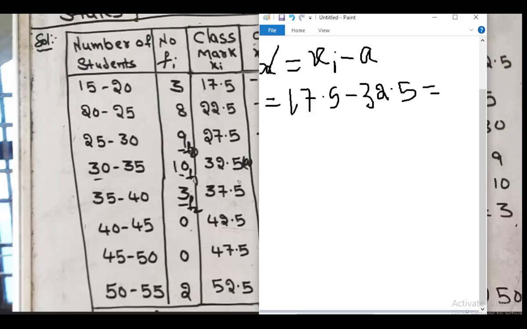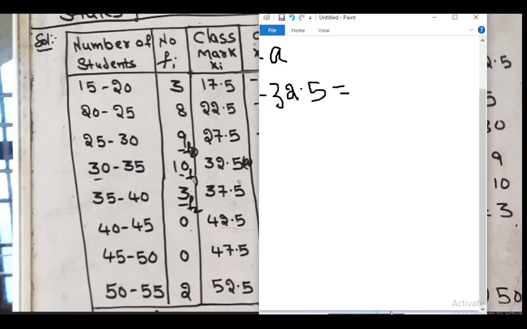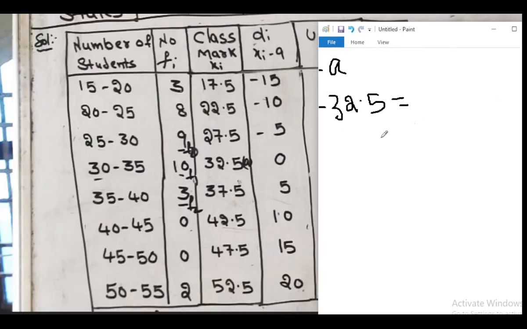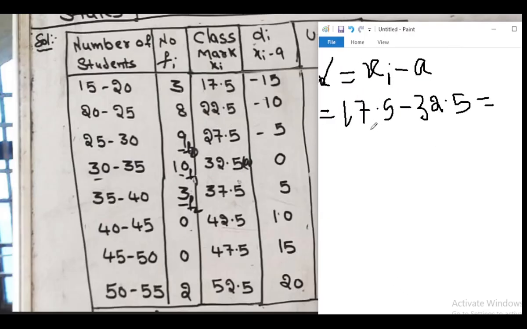So what we get here is called the deviation, which means from the class mark, if we subtract the assumed mean, we call that the deviation.